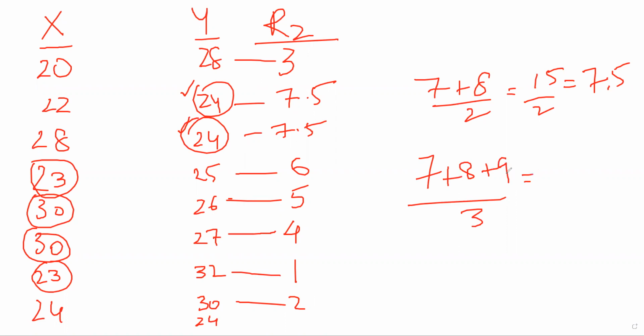What do I get? 15 plus 9 is 24. 24 divided by 3 is 8. If I add 7 plus 8, I get 15. 15 plus 9 will be 24 divided by 3 is equal to 8. So if another 24 was present at that point, I would get 8, 8 and 8. That would be the tie-in rank.